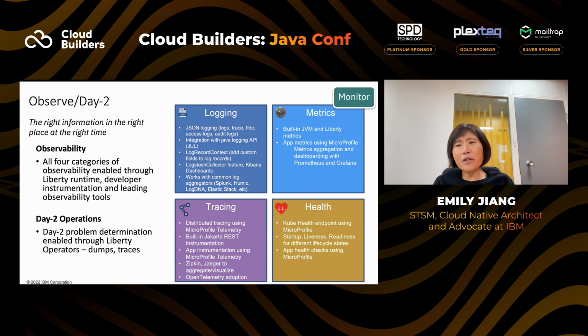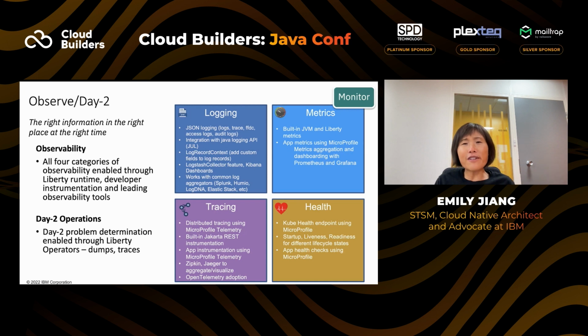For health, we use MicroProfile Health, so you can directly talk with Kubernetes. For metrics, you use MicroProfile Metrics to get application metrics, and also runtime metrics and JVM metrics. For tracing, you can use MicroProfile Telemetry to build one single trace which consists of all kinds of spans for one particular operation.